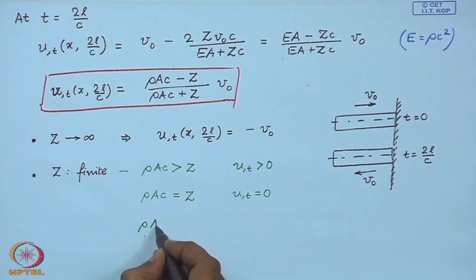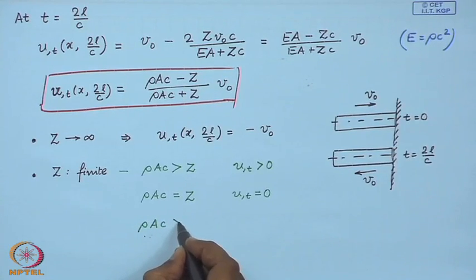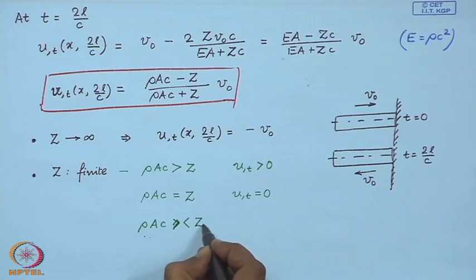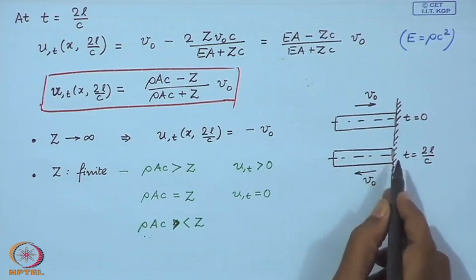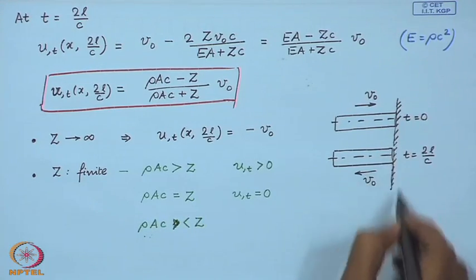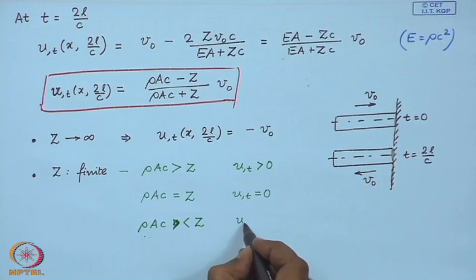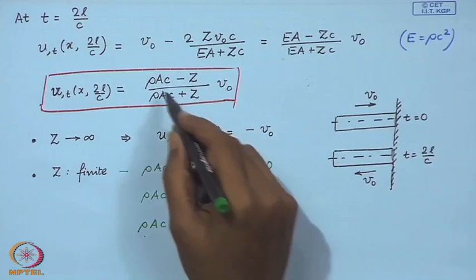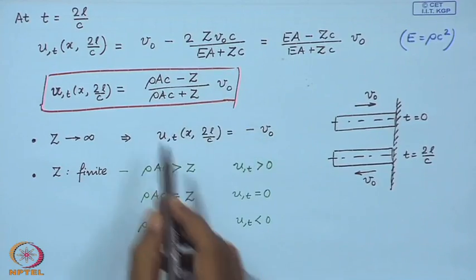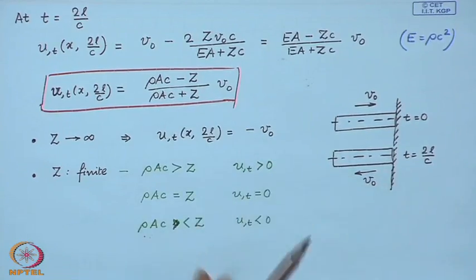And in the other case, when the impedance of this bar is less than the impedance of the wall, then this ratio is negative, which tells us that there will be a bounce back of this finite bar.